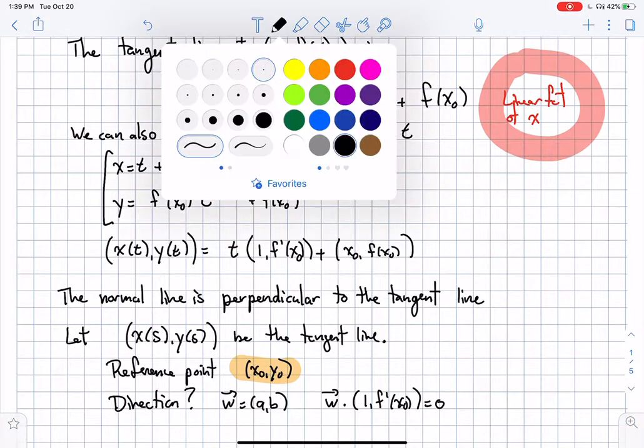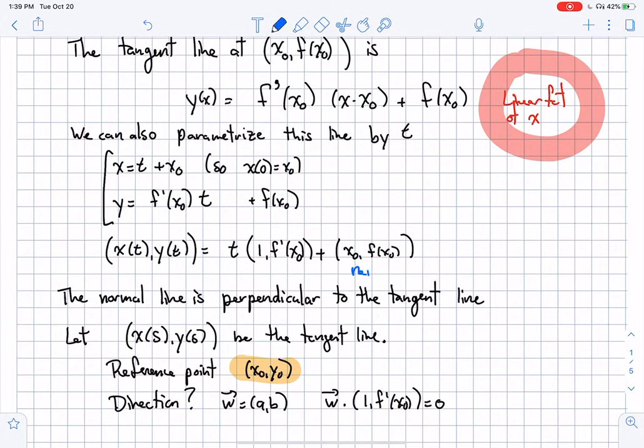In other words, if I go one step in the x direction, then my output increases or decreases by f'(x0). So f' is the rate of increase or decrease with respect to x, and that's why the unit is 1 here.